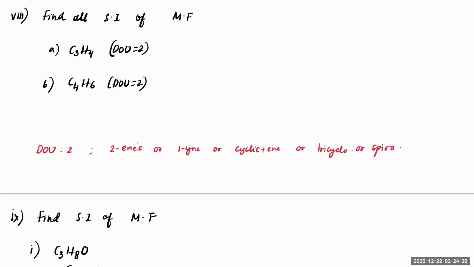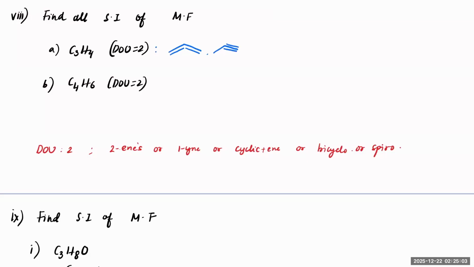So now let's try to push as many possibilities as you can into this structure C3H4. Starting with two enes, first I have to make a double bond and a double bond. This is the first one which can exist. Second, one yne, right?